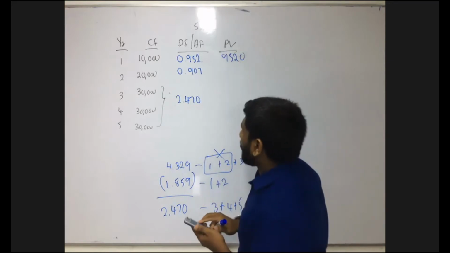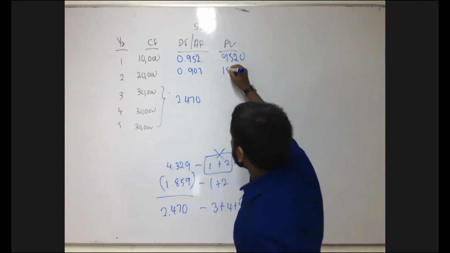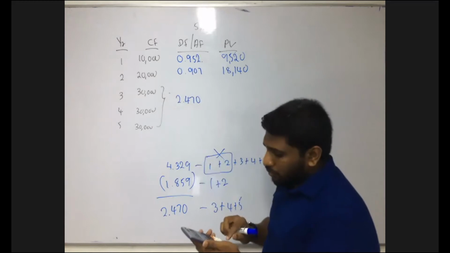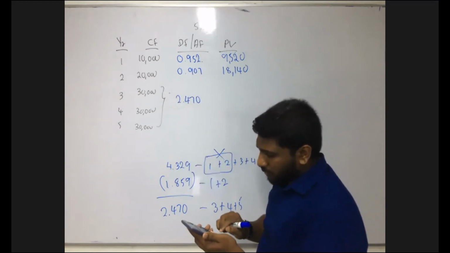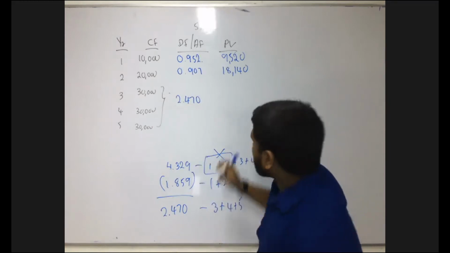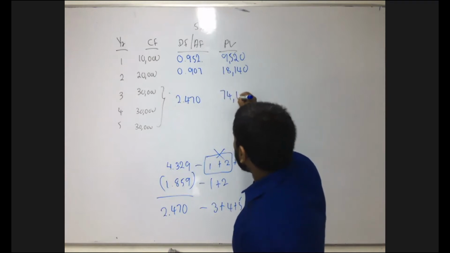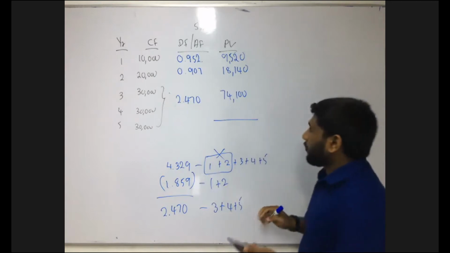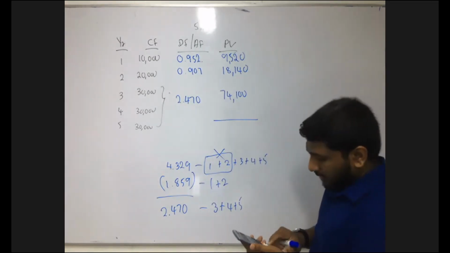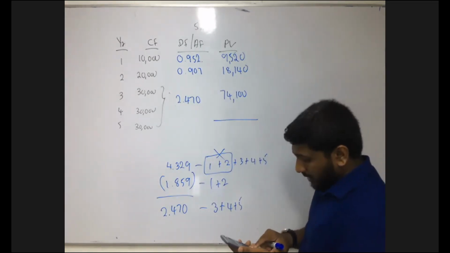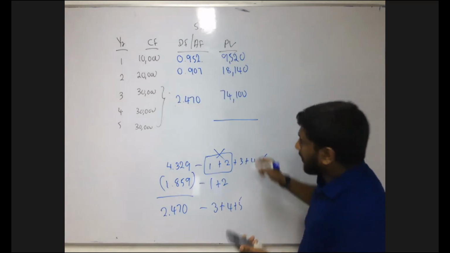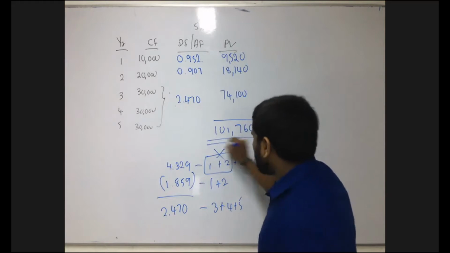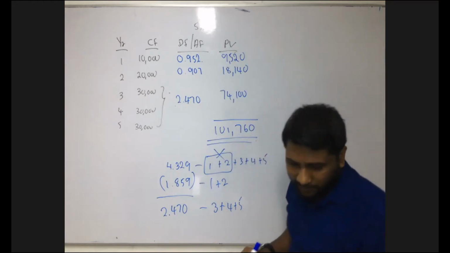Year 1 is 9,520. Year 2 is 18,140. Here, 30,000 into 2.470, how much is that? 74,100. Then what's the total amount? 74,100 plus 18,140 plus 9,520. Here you are getting 101,760.